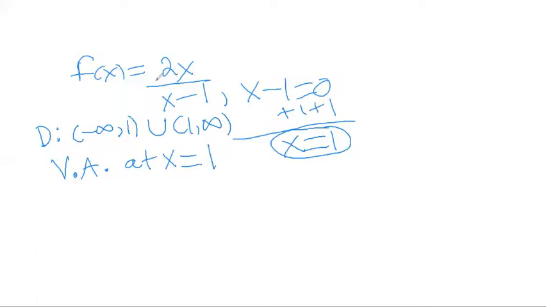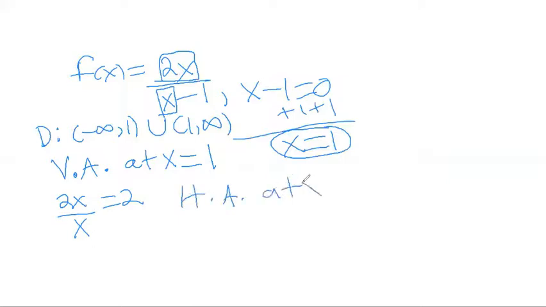Now for the horizontal asymptote, I take the highest degree term here, which is 2x, and the highest degree term in the denominator, which is x, and I divide them. 2x over x is 2. That means I have a horizontal asymptote at y equals 2.